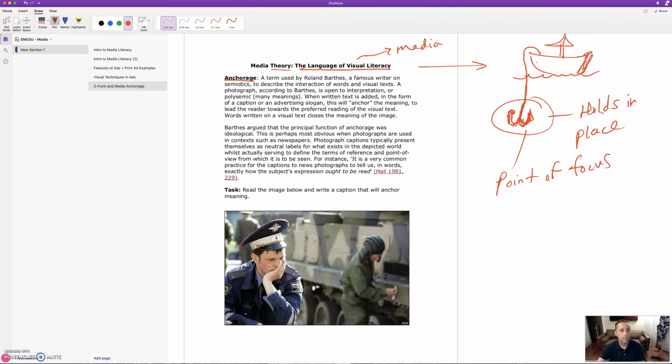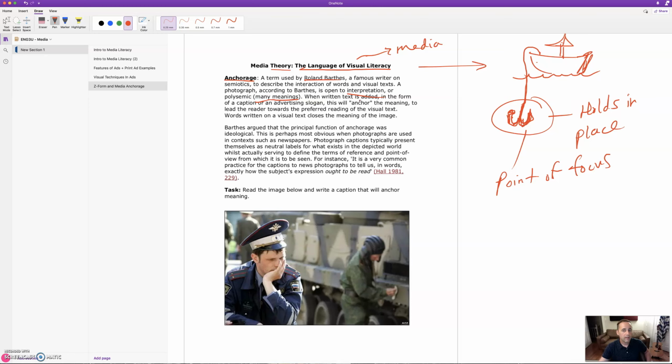as well. So what this means, it was originally a term used by a theorist, Roland Barthes, a famous writer on semiotics, that's of language, to describe the interaction of words and visual text. A photograph, according to Barthes, is open to interpretation, or is polysemic, meaning it can have many meanings.